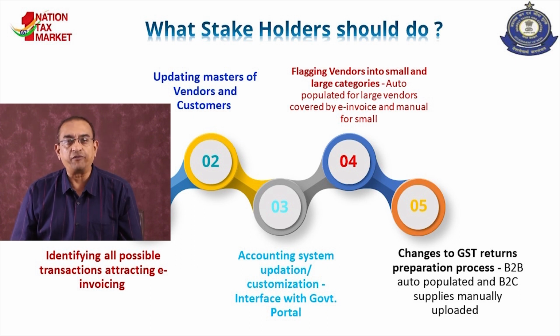They should also flag all those vendors to whom e-invoicing is not applicable, and they should take care that whenever they file their GST returns, those transactions which do not attract e-invoicing mechanism, like transactions from the registered person to an unregistered person, which will not be auto-populated in their returns, will have to be manually filed.